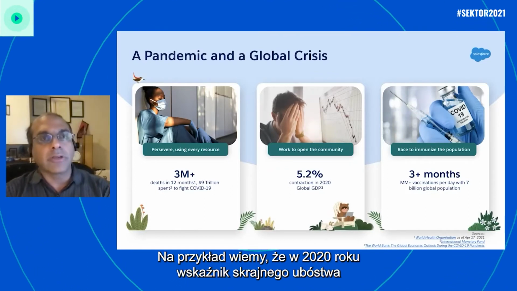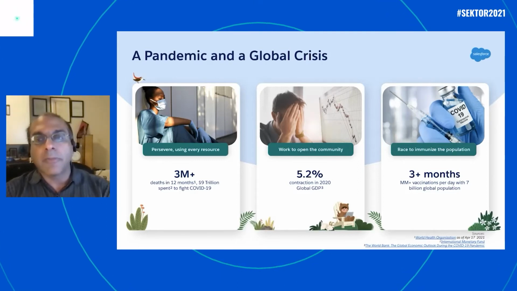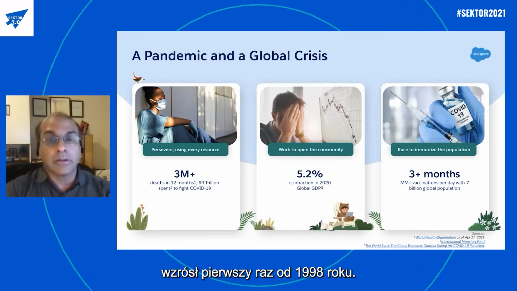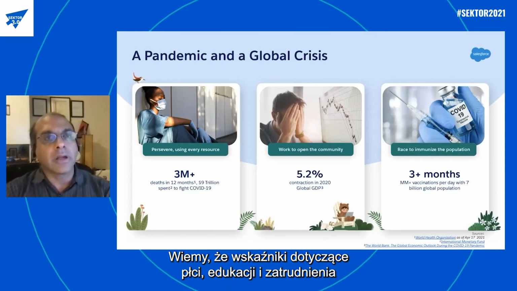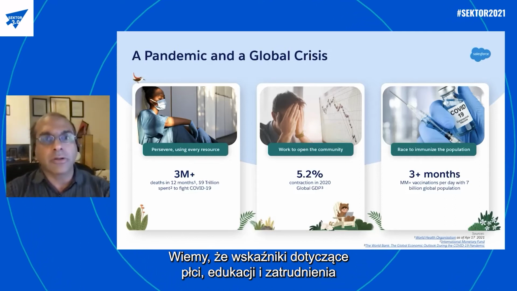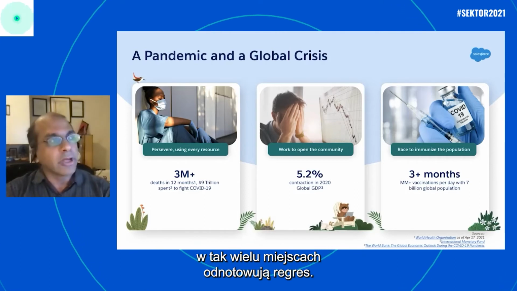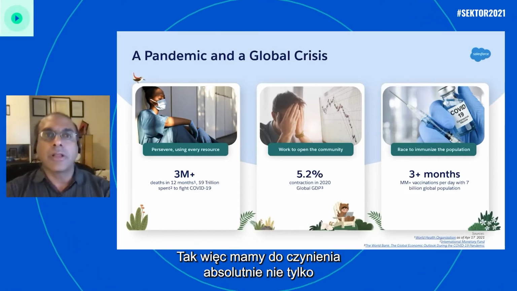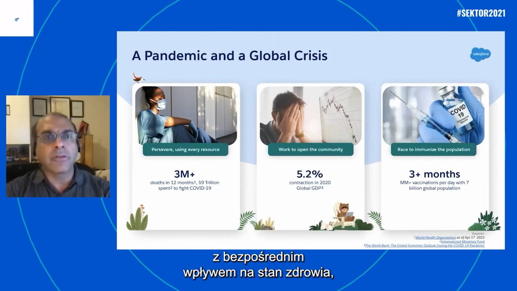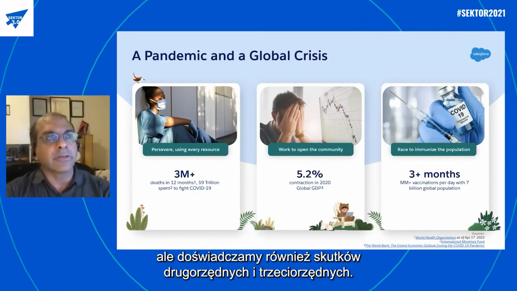For example, we know that extreme poverty has gone up for the first time since 1998 in 2020. We know that indicators around gender and education and employment in so many places are going backwards. So there is absolutely not just the immediate health impact, but there's all of the secondary and tertiary impacts.